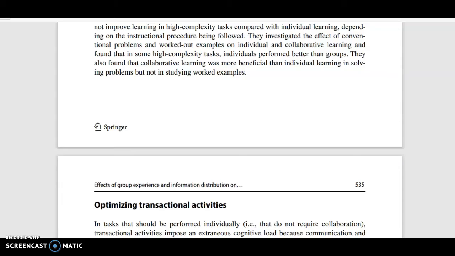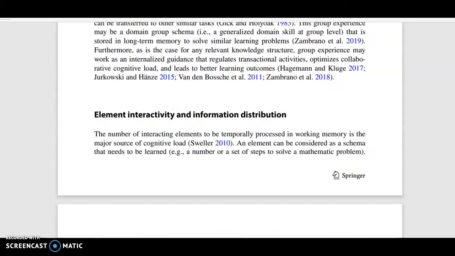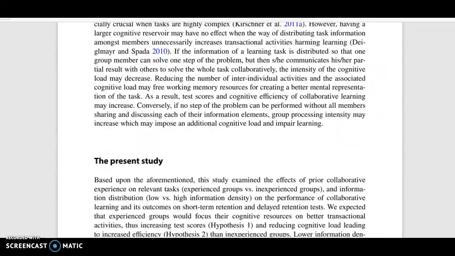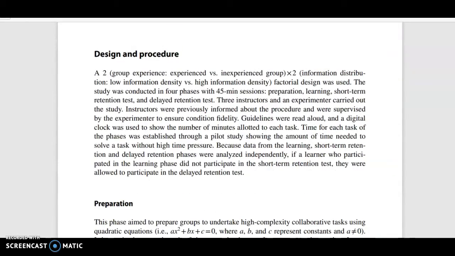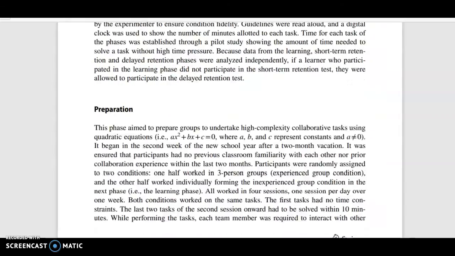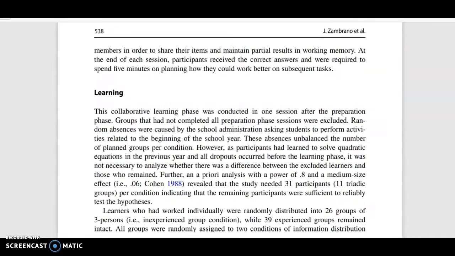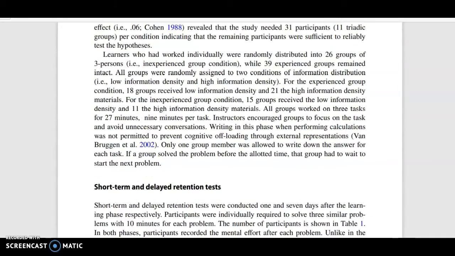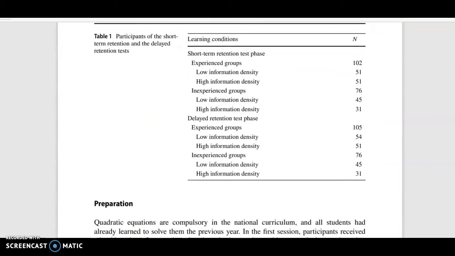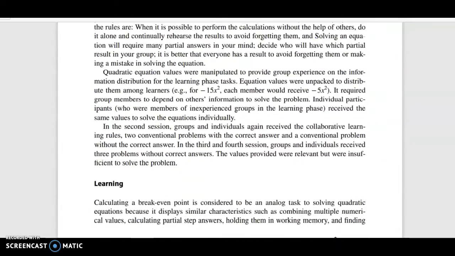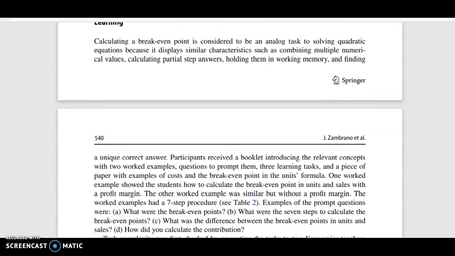So if I scroll down and go to our methods section, you should see that down here. So our method talks about the participants, the design and the procedure, how they prepared the students, the learning phase of how they're going to do that, talking about the materials that they used, and all sorts of information like that that goes along with the methods of how they completed the research.